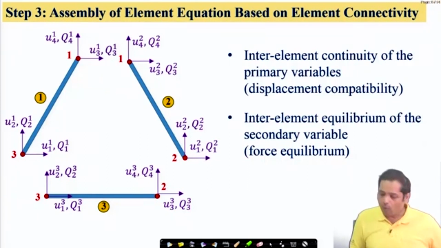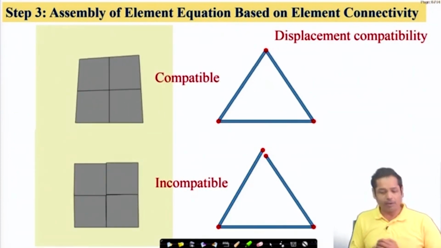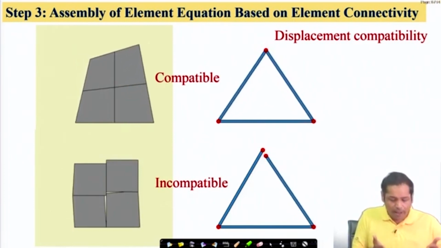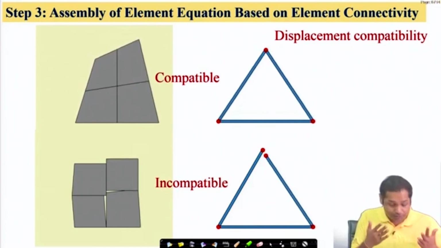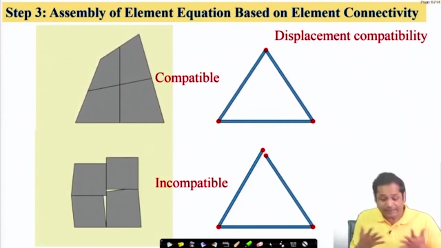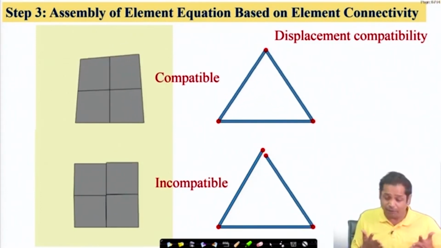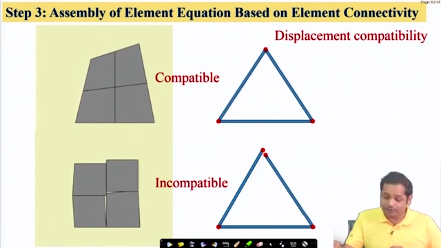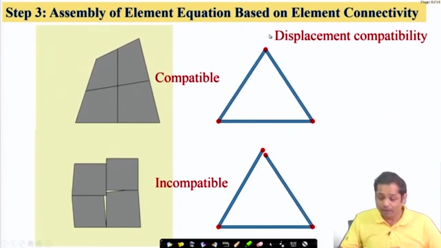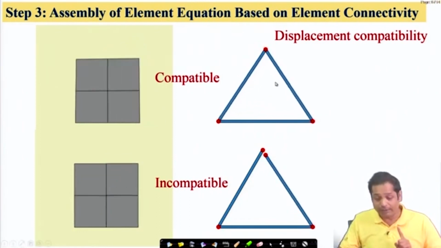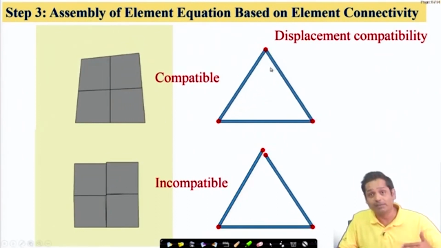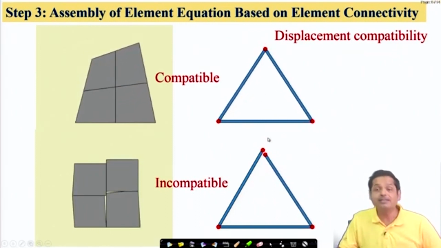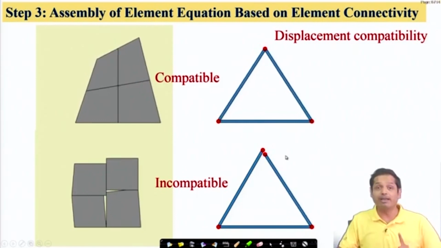Now, what is displacement compatibility? You already know what it is. Just to help you visualize it, in the context of this truss problem, at this node two members are connected, but when the deformation takes place, the deformation should be such that there is no discontinuity at this node. This is to be maintained.